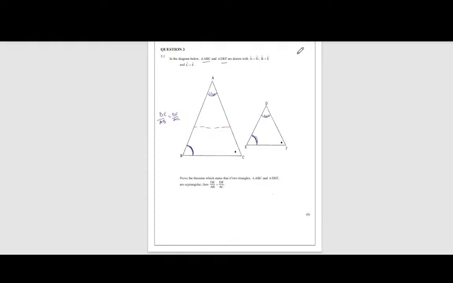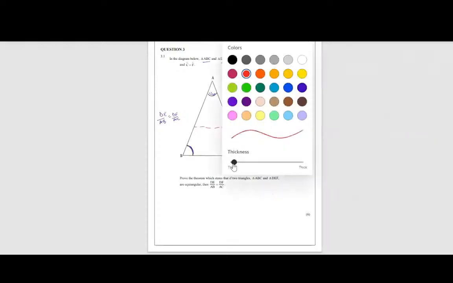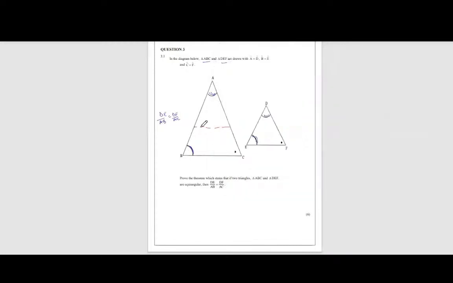Let me just make this a bit thicker. Okay, so this has been constructed. We can label this as S and T, or in any other format that you feel comfortable with.